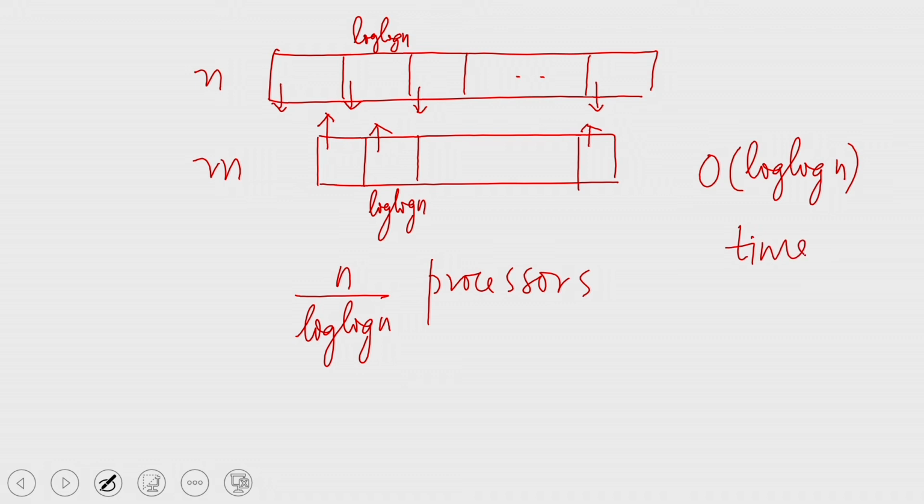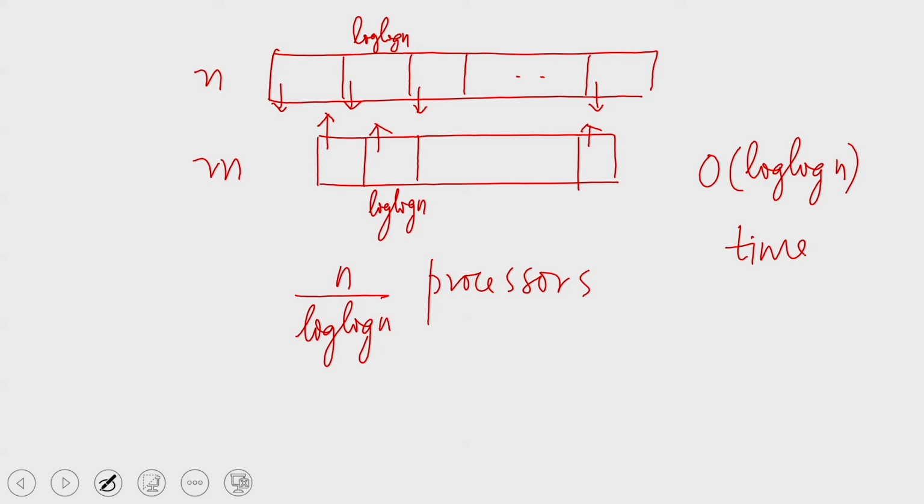Now, every leader on either side knows the segment on the other side in which it belongs, but the size of the segment is only log log n. So, if you have one processor per leader, the leader can search for itself sequentially in the segment in which it belongs on the other side, and it can find its location in log log n time.